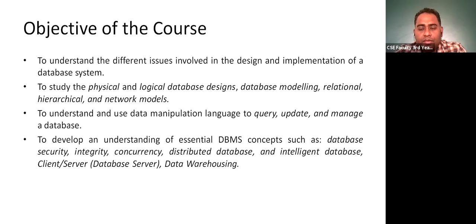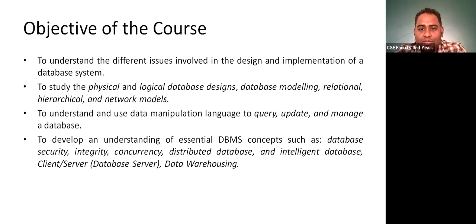Under your record based data model, there is a hierarchical model, a network model, as well as a relational model. Under your object based data model, there is an object oriented data model, as well as an entity relationship data model.